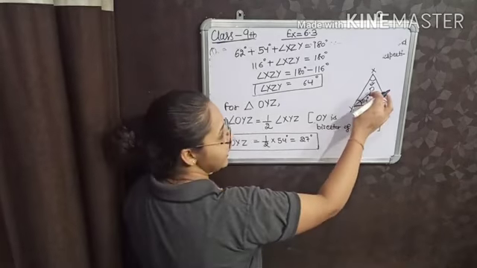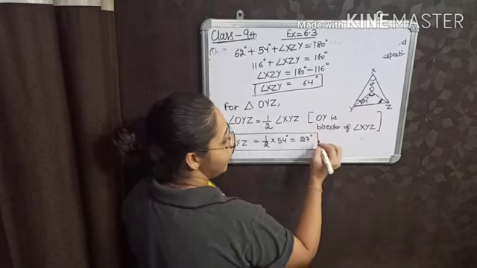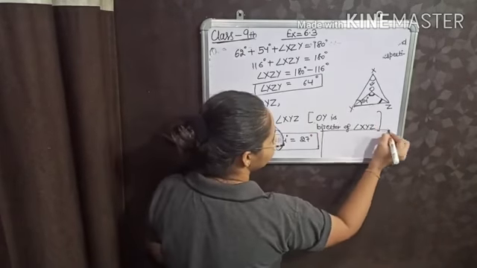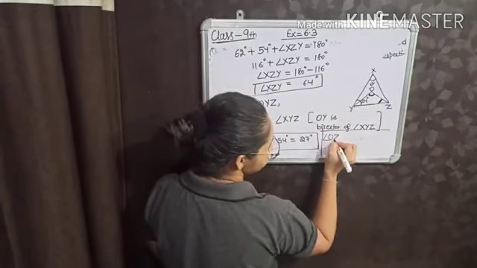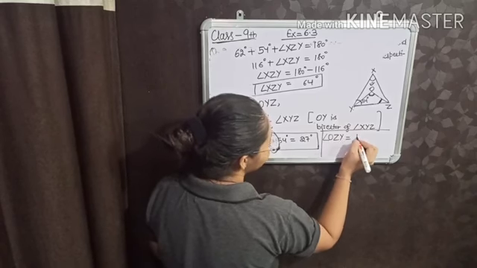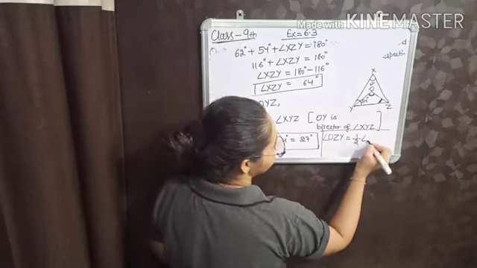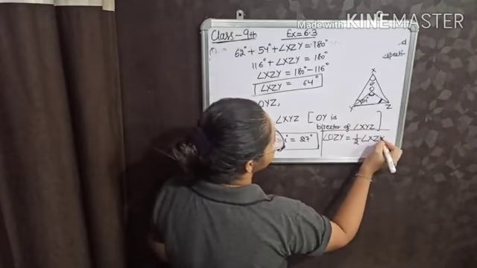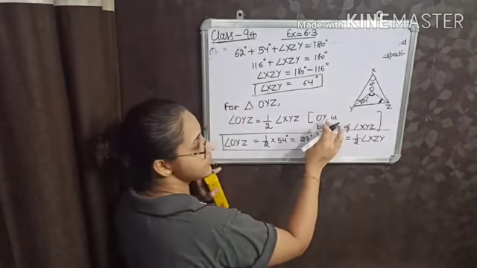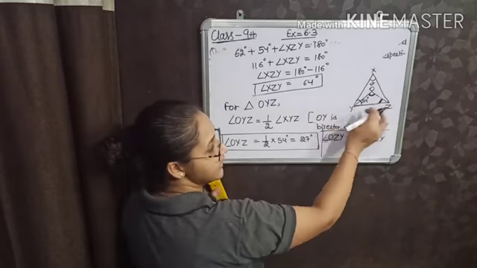Similarly, you can find angle OZY. OZY will be 1 by 2 of angle XZY, because the reason is the same, that OZ is the bisector of angle XZY.